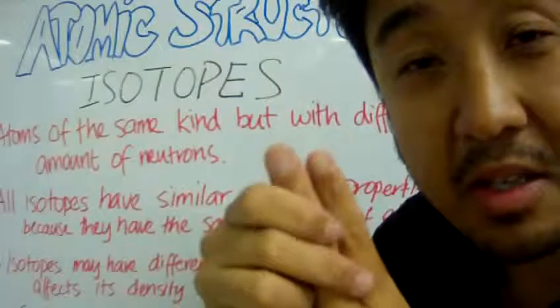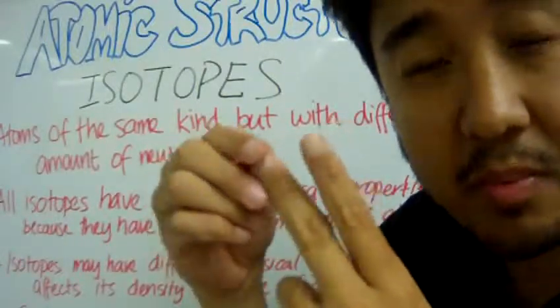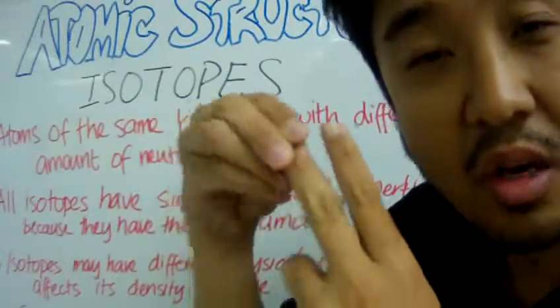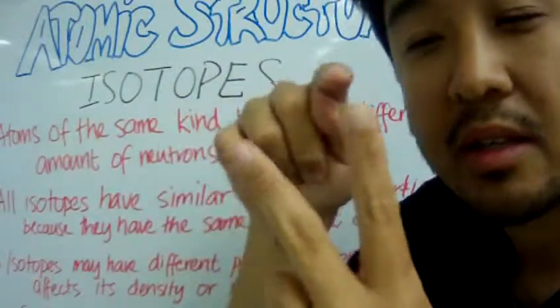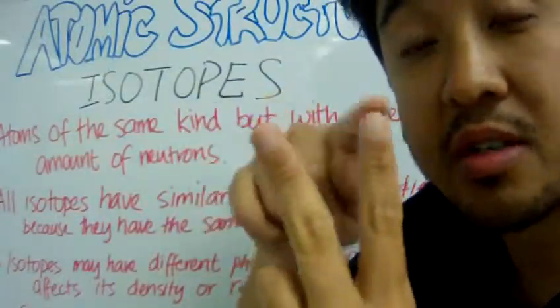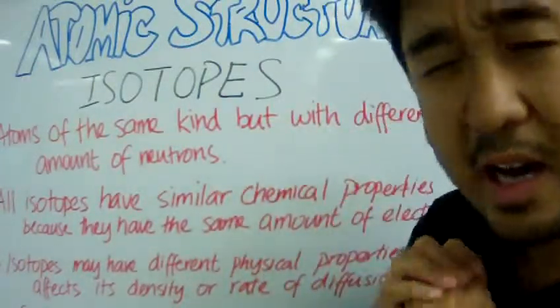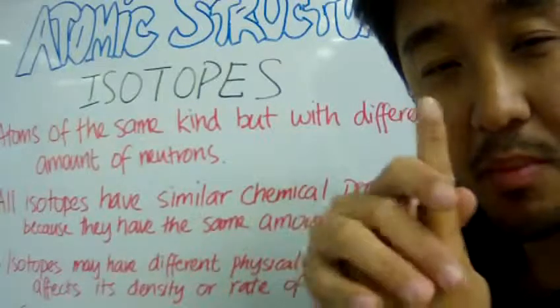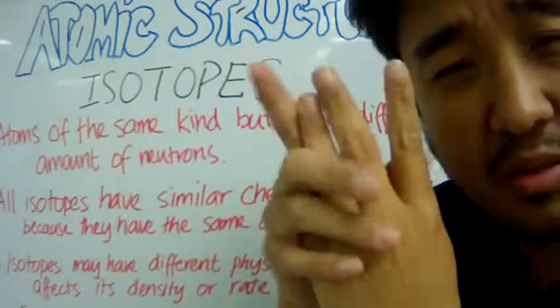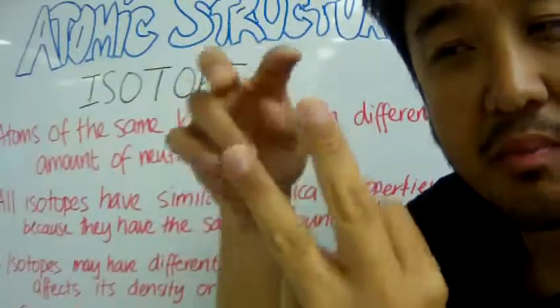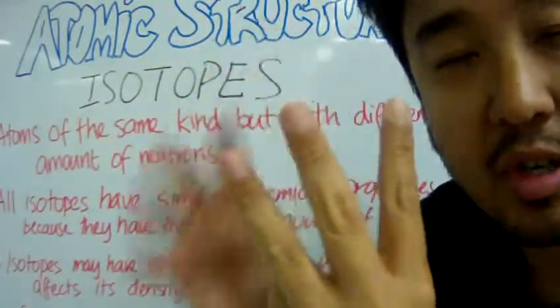And it has another mass which is contributed by the existence of that one neutron. So it has a mass of 2 because the relative mass of protons and neutrons are quite equal. Hydrogen 3 will have one proton, but because it has the mass of 3, it has 2 other neutrons. That gives it a total mass of 3.